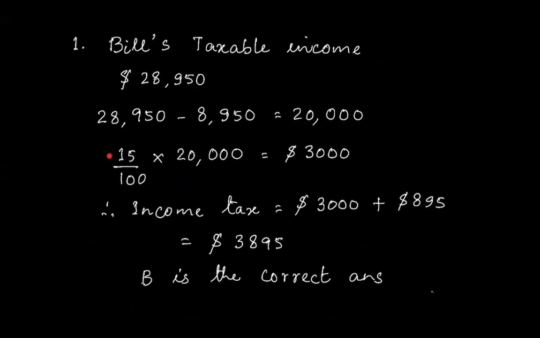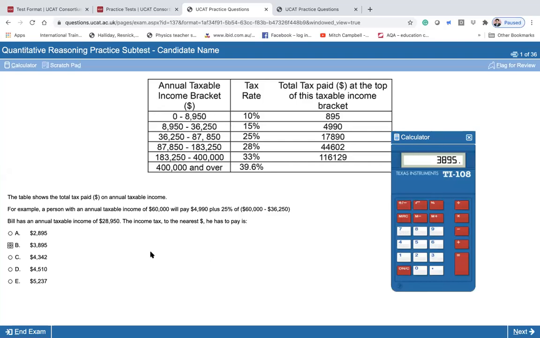You will have to pay 15% of 20,000, and 15% of 20,000 is 3,000. And then 3,000 added to 895 comes out to be 3,895. So your option B is the right answer.